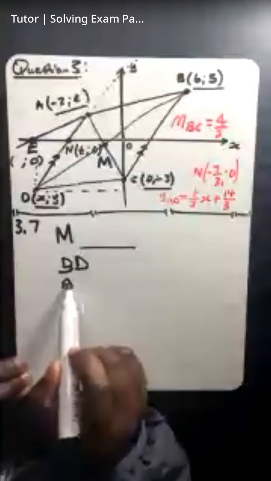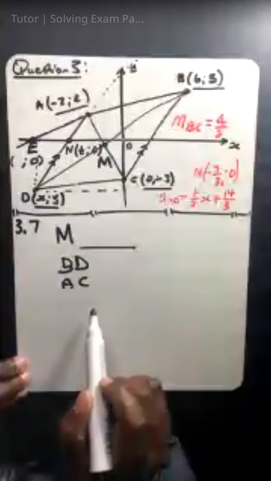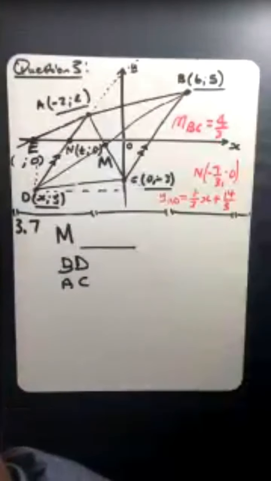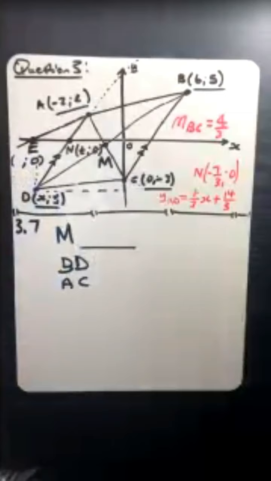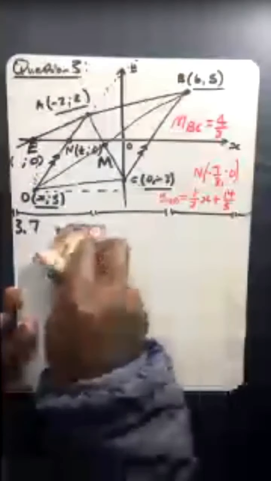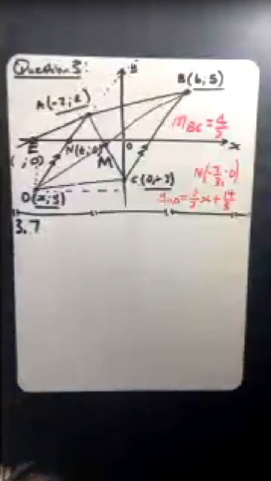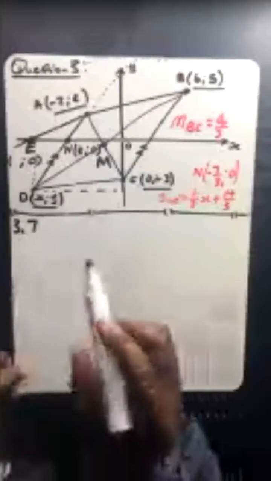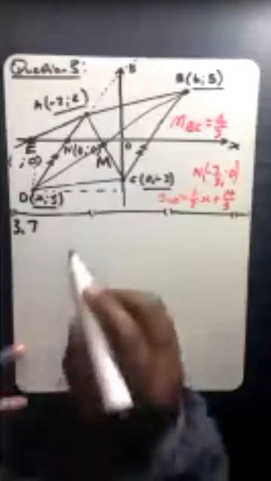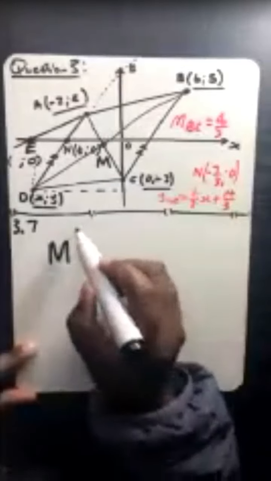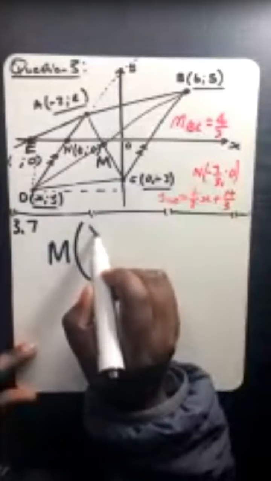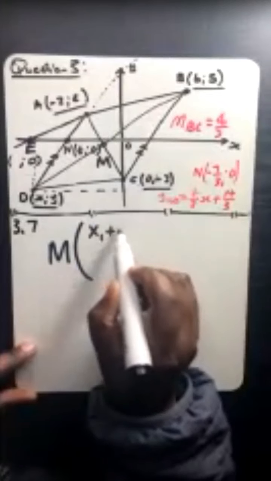Ladies, use AC to calculate the midpoint. We just want to check if we are indeed going to find the same answers. If we do, then indeed this is a parallelogram, and again we have answered the question.